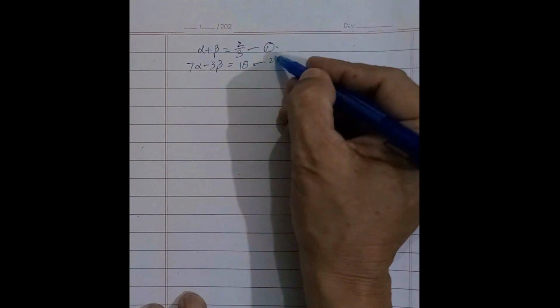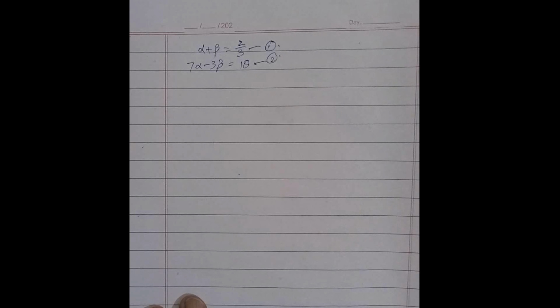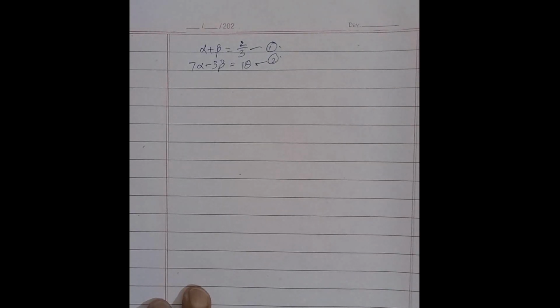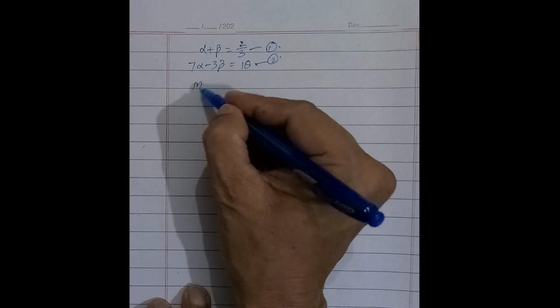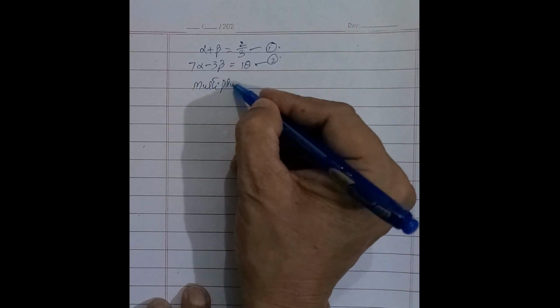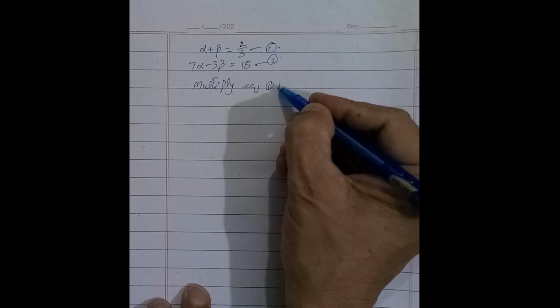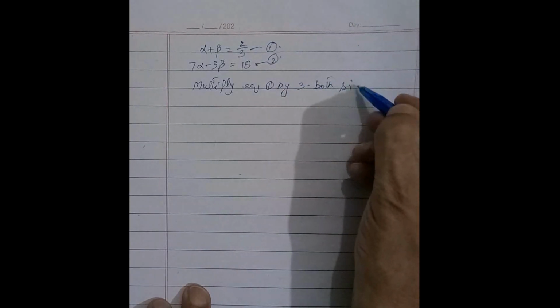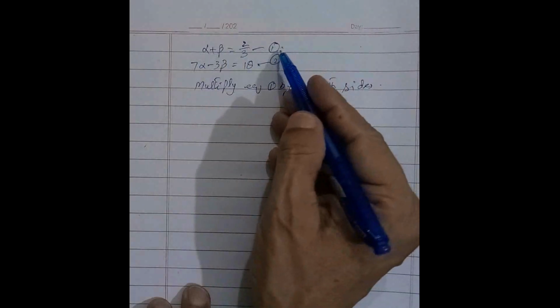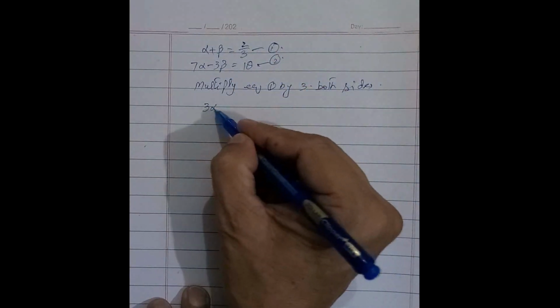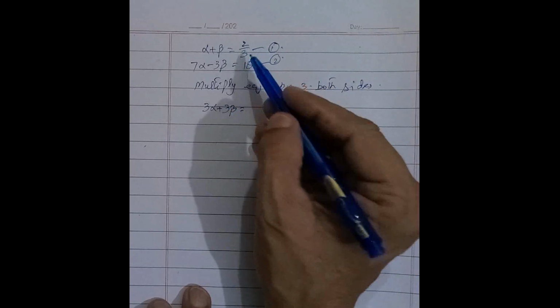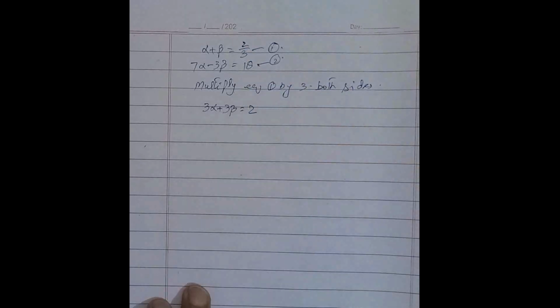It is equation 2, and we solve these two equations. Multiply equation 1 by 3 on both sides, we get 3 alpha plus 3 beta is equal to, when multiplying 3 by 2 over 3, we get 2.